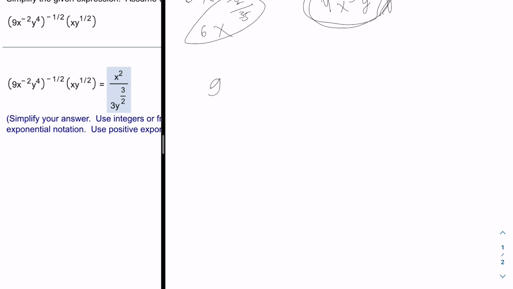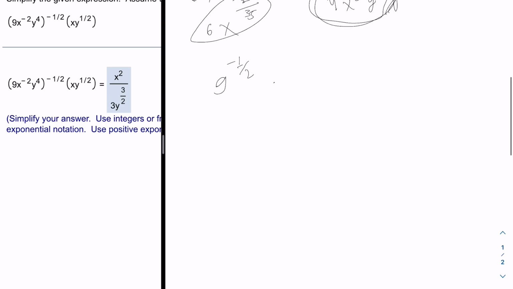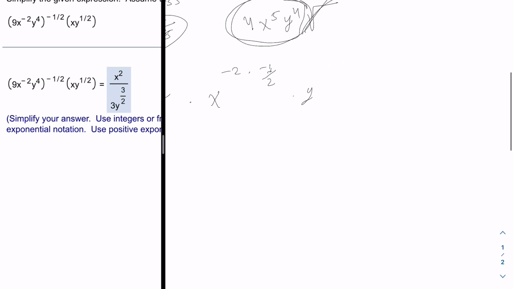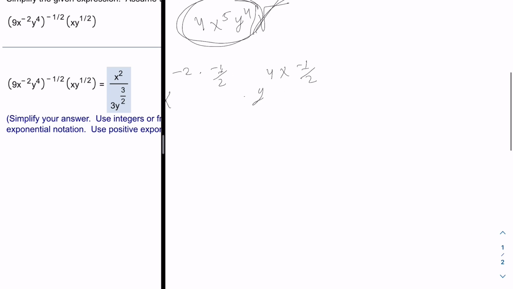9, give 9 as minus 1 by 2. Then again give x as minus 1 by 2 into minus 1 by 2. Give 4 into minus 1 by 2.